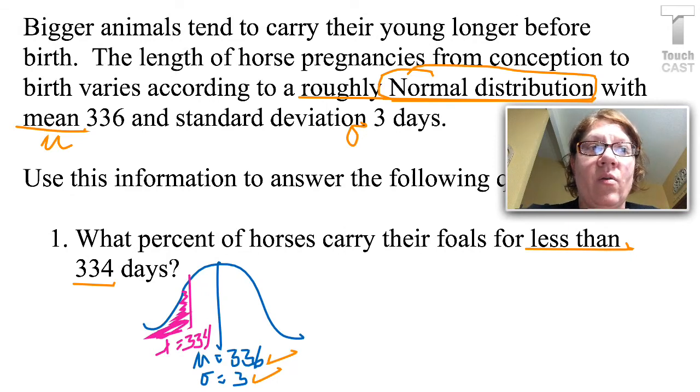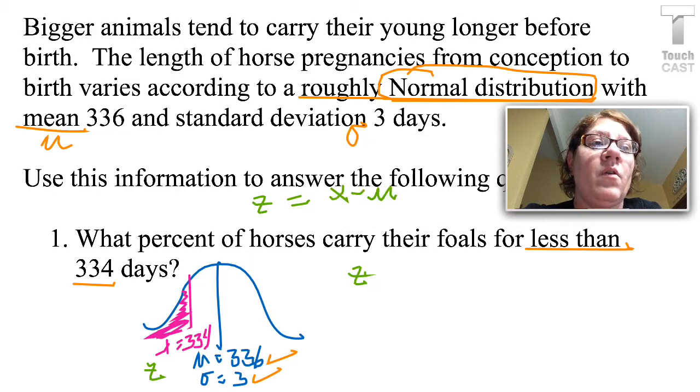So now, in order for me to figure this out, remember I can't compare apples and oranges, and I can't look anything up in the chart until I have a z-score. So over here to the side, I have to remember, how was it I find z-scores again? Oh, that's right, I do x minus mu over standard deviation.